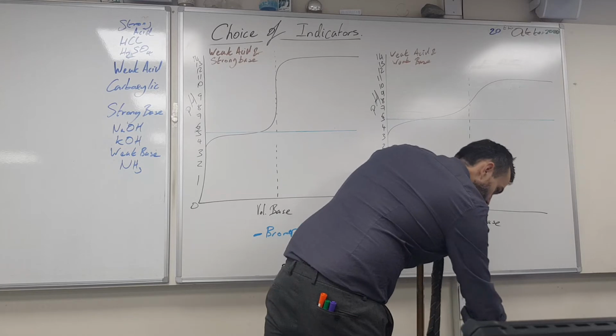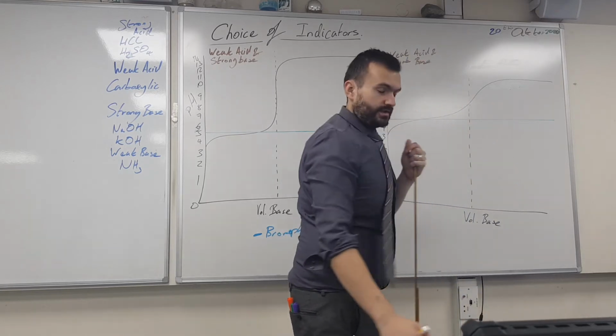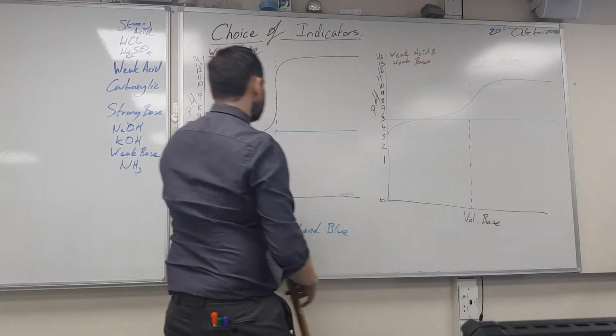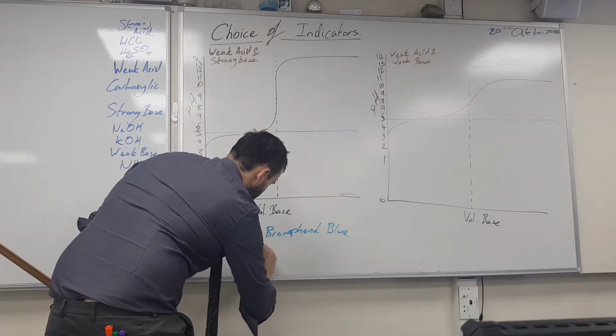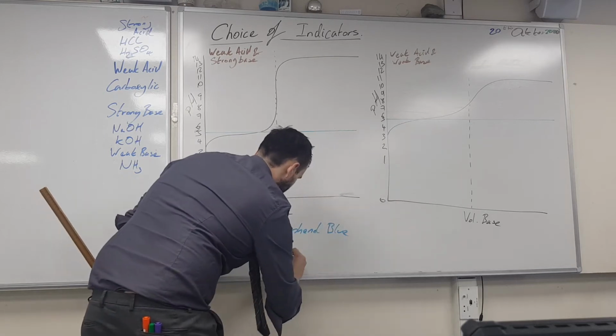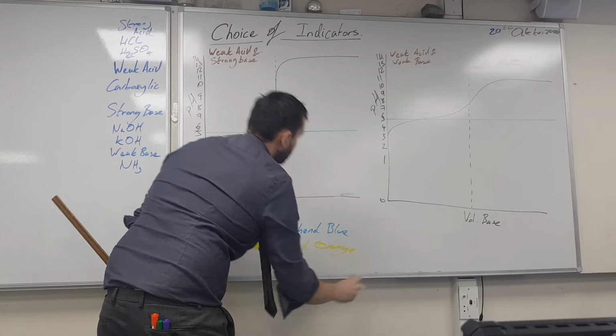Right, so go to the next one. I've got a yellow, so we'll do methyl orange. Methyl orange, again, changes at 5. So this one is methyl orange. I know it's a poor choice of colour, but apologies.